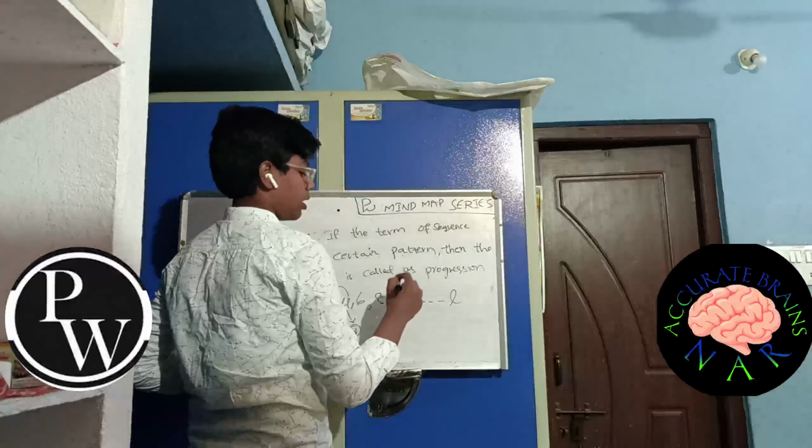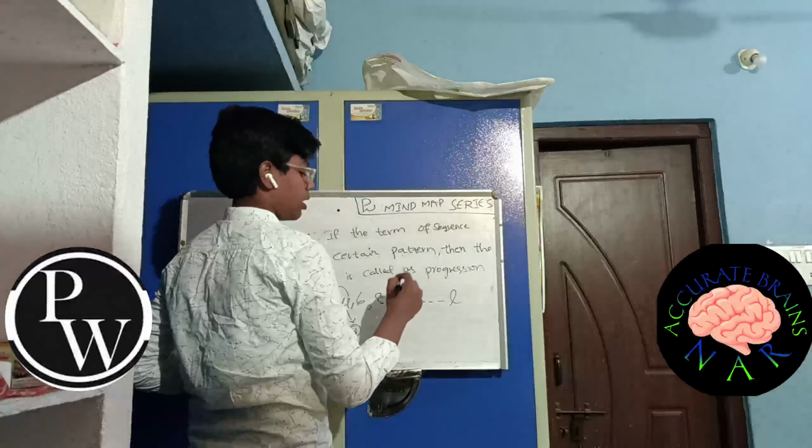Now coming to the progressions. If the terms of a sequence follow a certain pattern, then the sequence is called a progression. For example, if we take the sequence 2, 4, 6, 8, 10 and so on, the terms A, D and L, the nth term, that I have told you, will not come in a sequence or series.